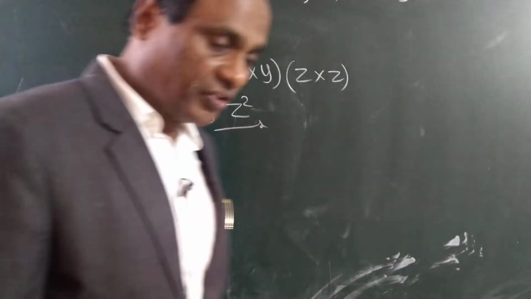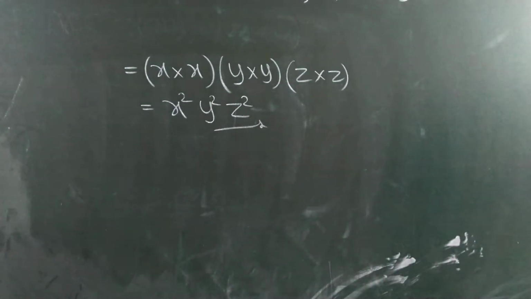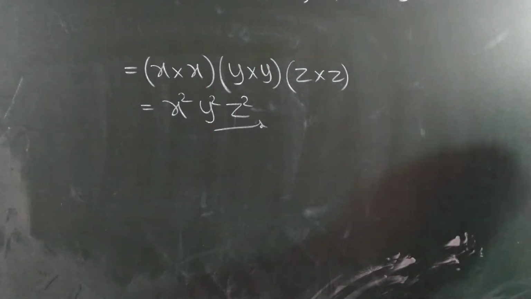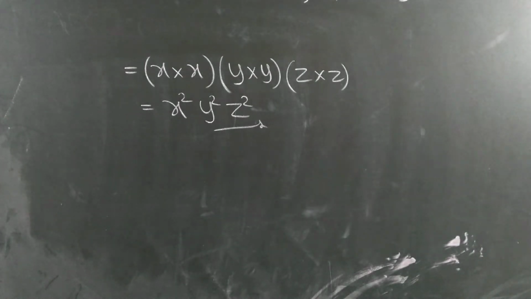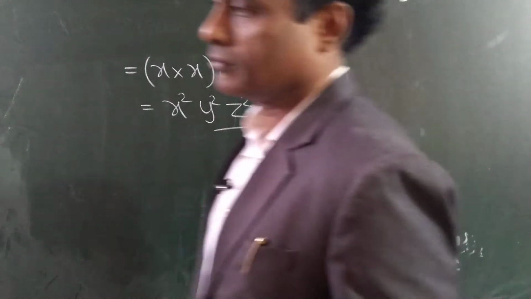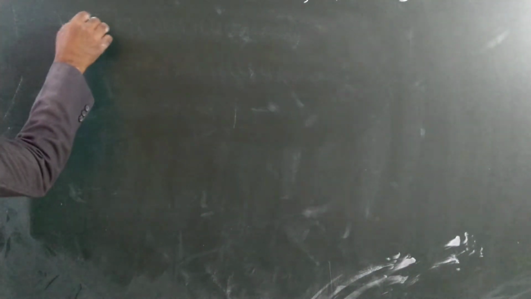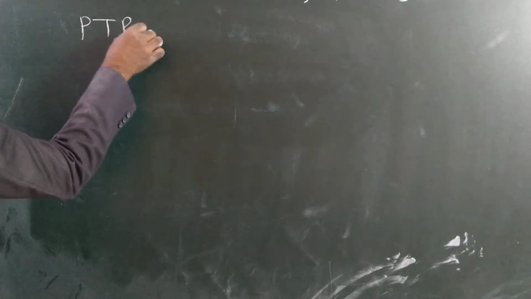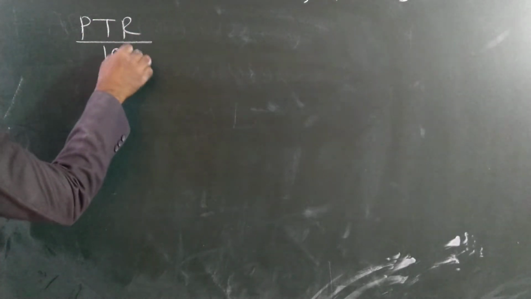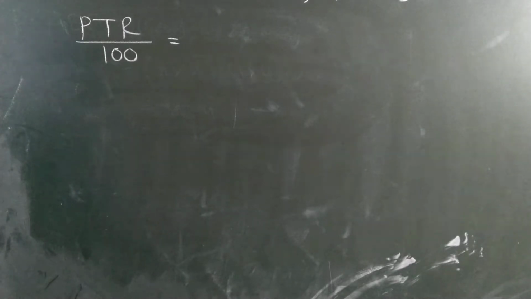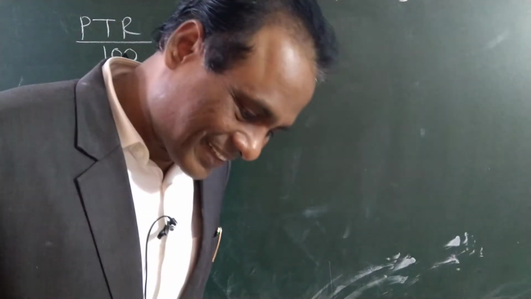Sixth question, all of you write down. We have to find PTR by 100. This we have to find, PTR by 100.